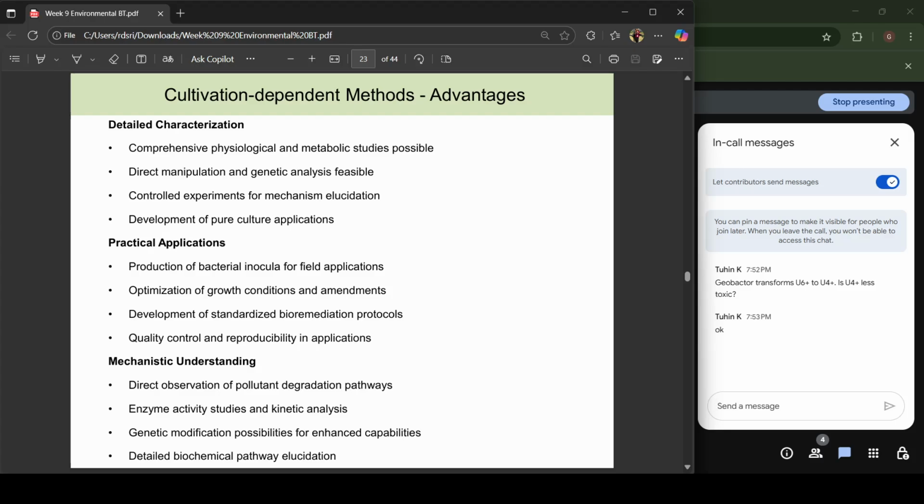In terms of application, the advantage is production of bacterial inocula for field application; we can produce the pure culture. We can go for optimization of growth conditions and amendments. So this is about the research and development part.